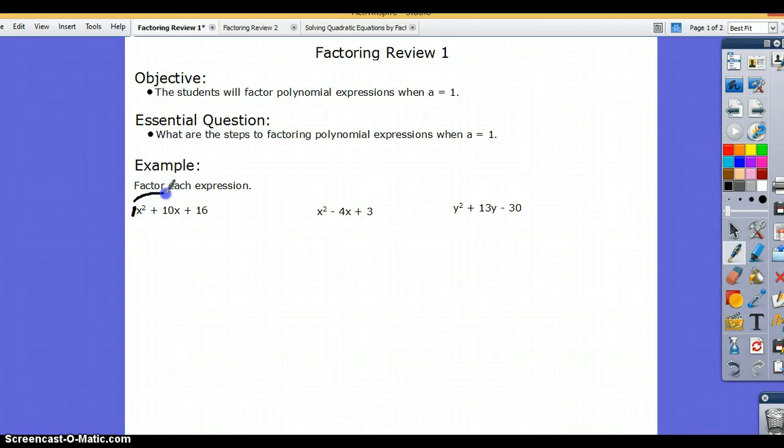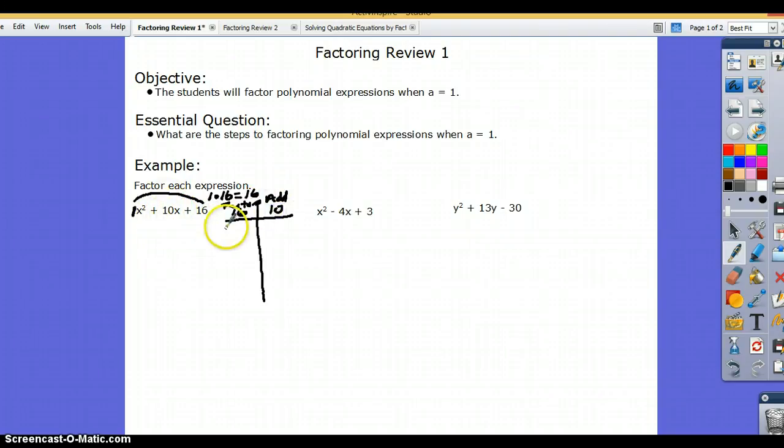So what we're going to do is multiply the leading coefficient, the first coefficient, and the last term. So 1 times 16 is equal to 16. Alright, so then what we need is factors of 16 that are going to add to 10, that middle number.